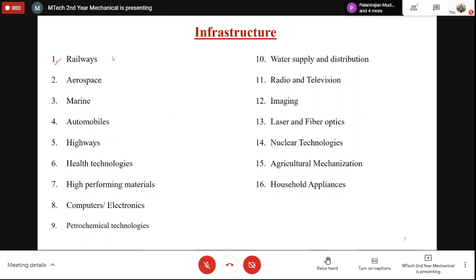So these require the knowledge of machining and joining processes. In aerospace industries, new types of materials are used, lightweight materials like aluminum alloys. So how can we join the various components made of aluminum alloys or titanium alloys? There also, special techniques are used.